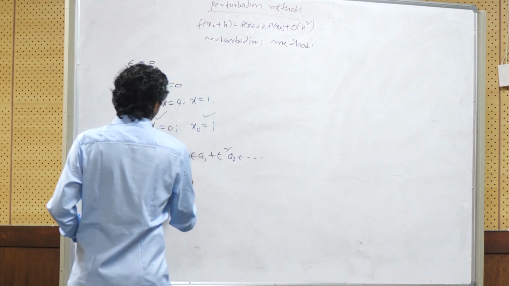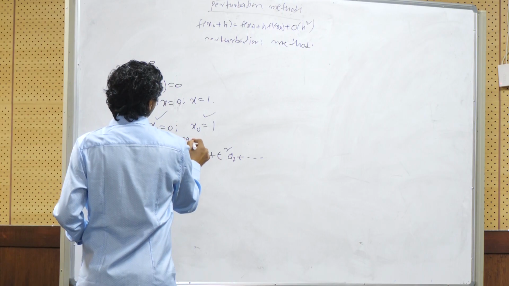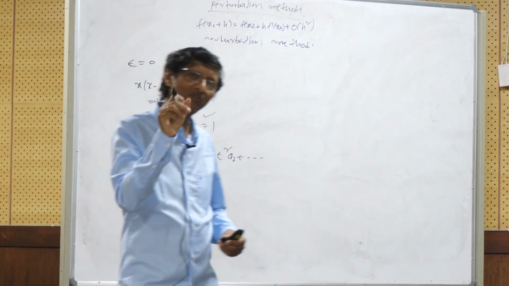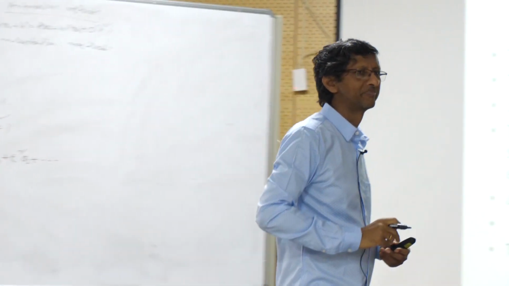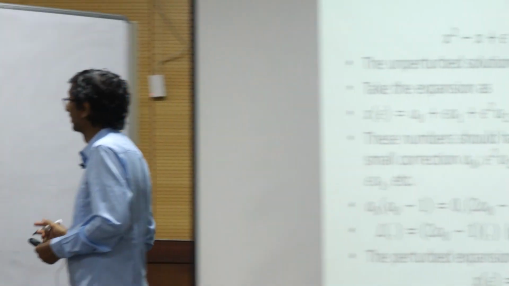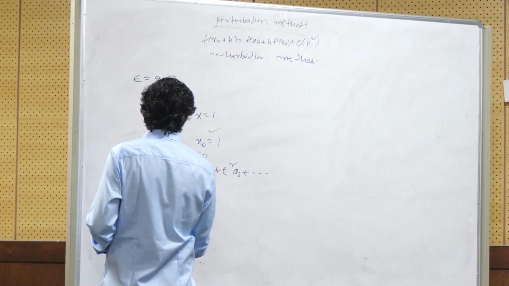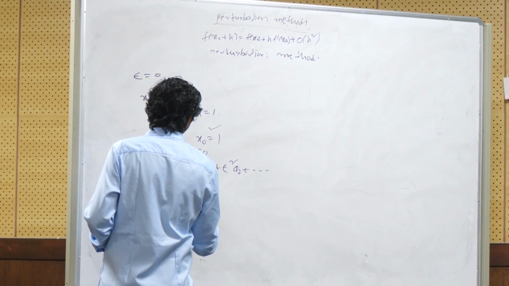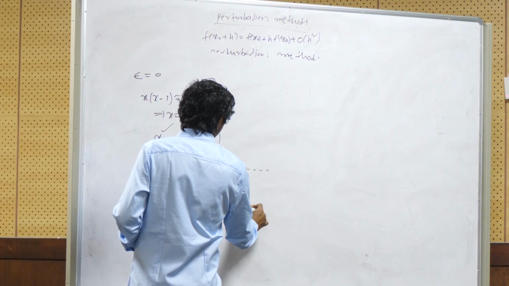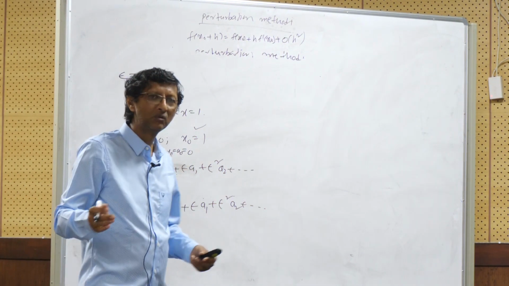In which you can choose x naught equal to a naught equal to 0, and then you get the result corresponding to 0. Similarly, if you take x naught equal to 1, your expansion will be x of epsilon equal to 1 plus epsilon a1 plus epsilon square a2 plus so on. Now your job is to find a1, a2 and so on.